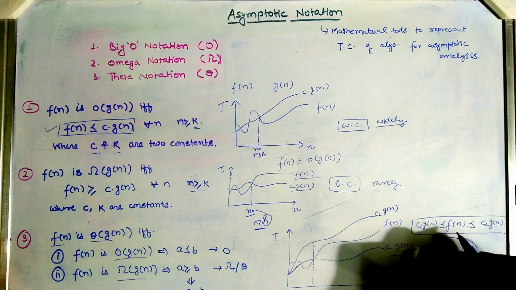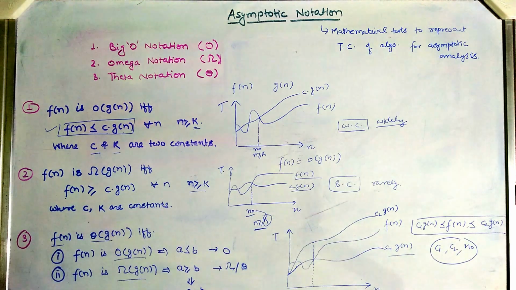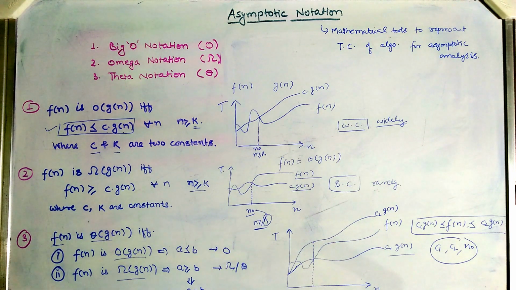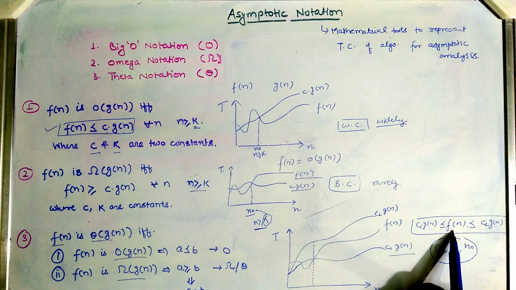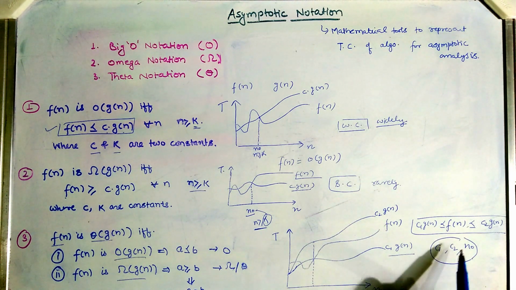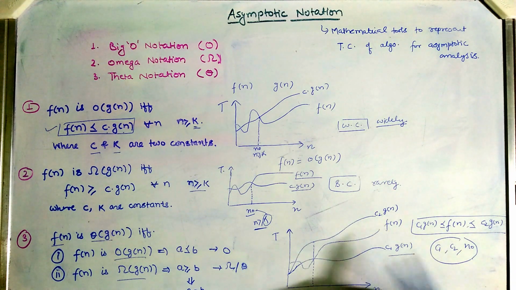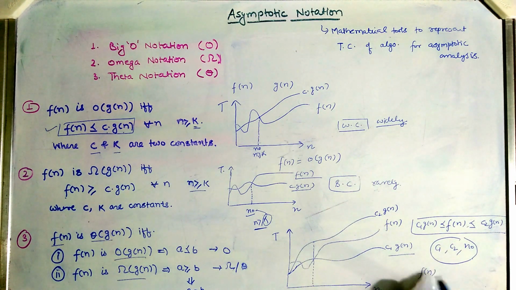Then this function f(n) is said to be theta of g(n). So we need to find such values of c1, c2 and n naught for which this condition must hold. If such a case happens, then I can say that f(n) is theta of g(n). So this is the definition for the theta notation.